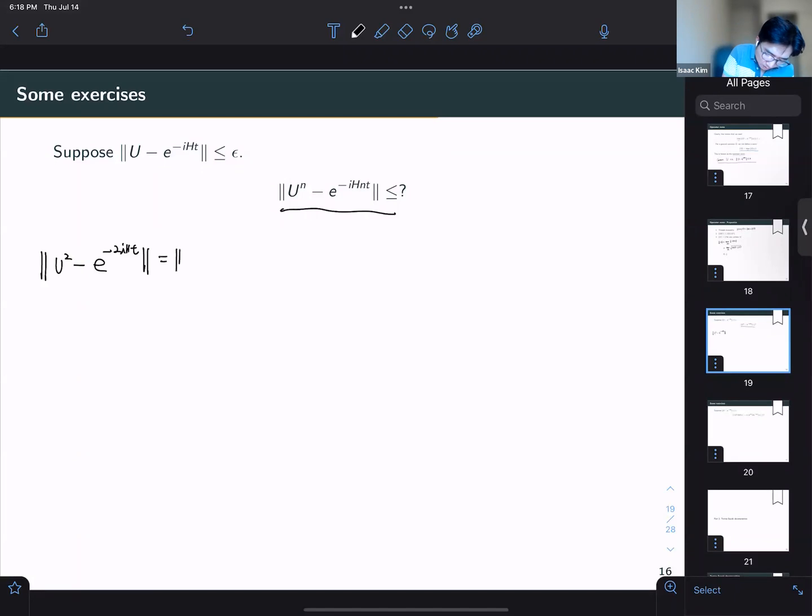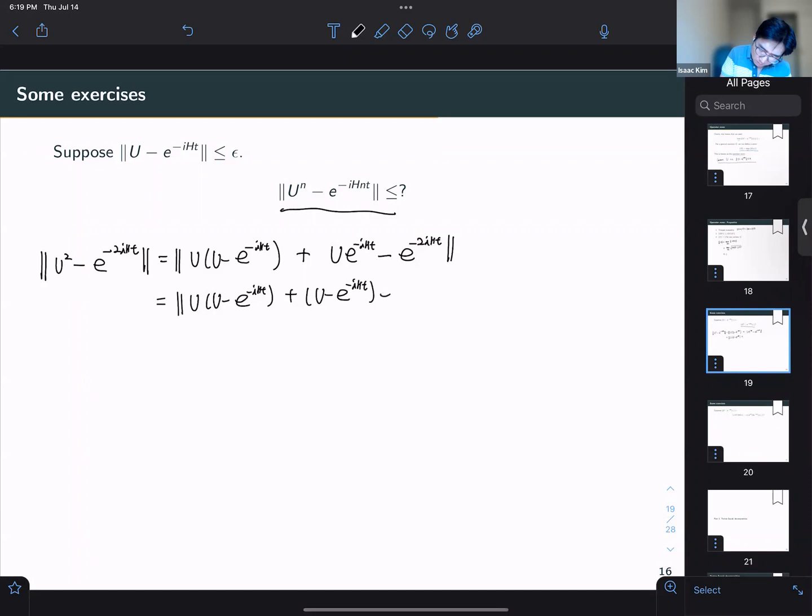Well, I'm going to show you the following decomposition. Hope that was okay for everyone. And then we can use the triangle inequality.